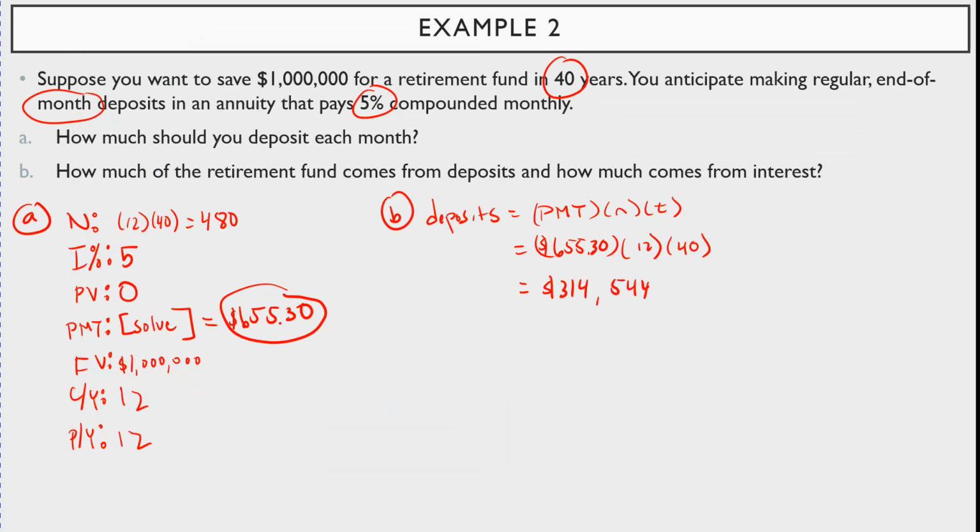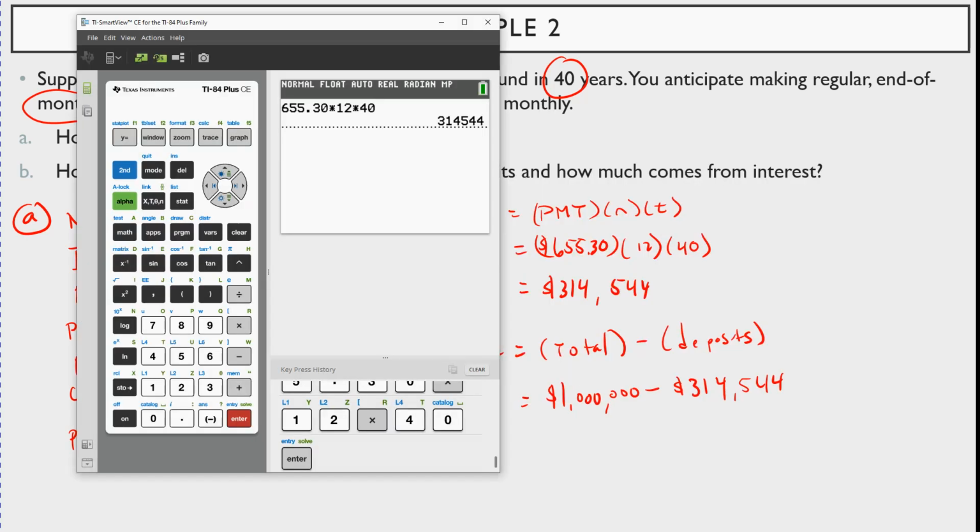So look, how much of this came from interest? Well, this is just the total minus deposits. How much do you have in total? You had $1 million. How much did you make in deposits? This is crazy how much of this came from interest. Wow.